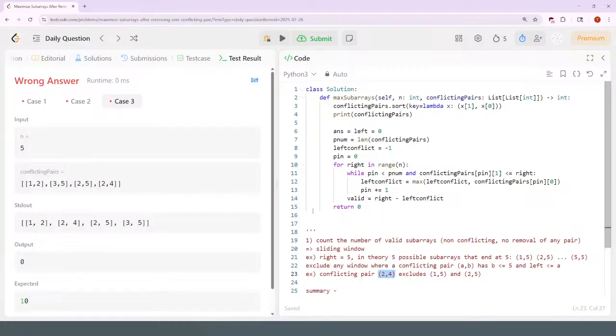So the issue here is the indexing. The right represents, the value at the right is actually right plus 1. I think this is correct.